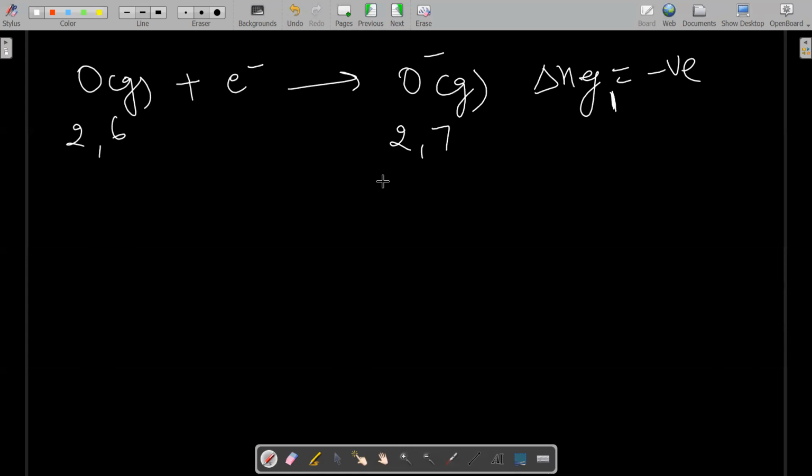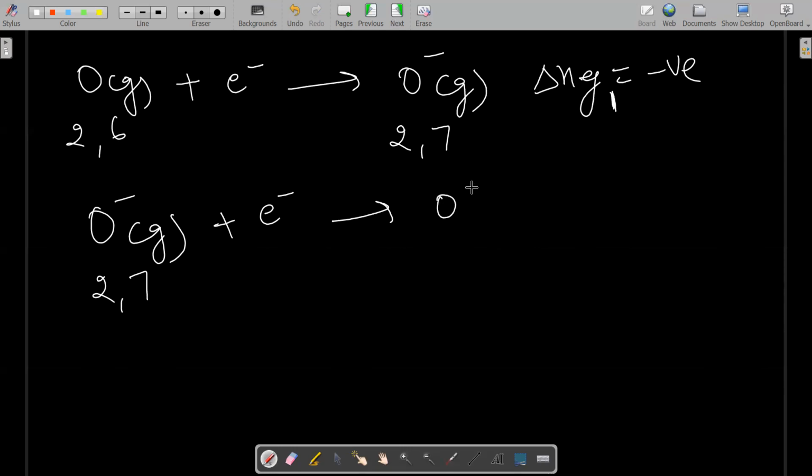Still one more electron is required to add. So the second electron, or I can write separately. So in this O minus, which has 2, 7, one more electron is to be added to attain the stability, that is 2, 8. So when we are adding the second electron, that is called the second electron gain enthalpy.